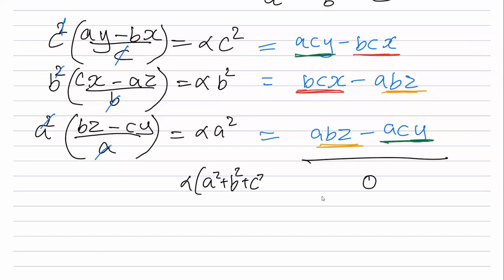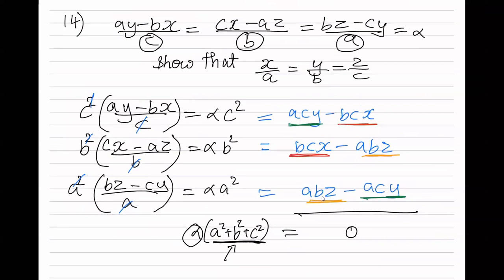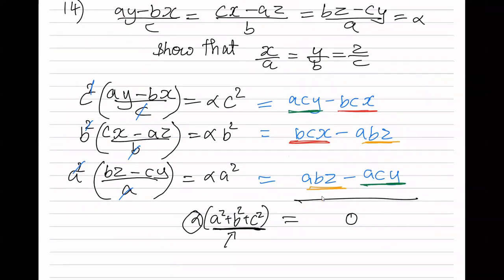Now, a sum of squares times a number is equal to 0. This obviously cannot be equal to 0, because if it was equal to 0, then all a, b, c have to be 0. But a, b, c appear in the denominator over here, so they can't be 0 by definition. Right. So alpha equal to 0.